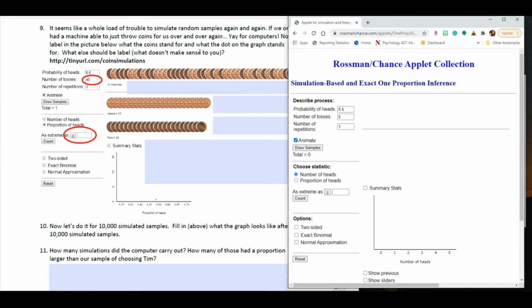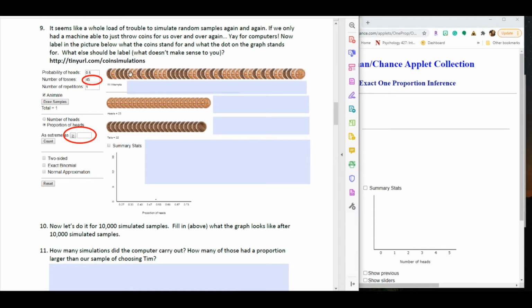So here, we're going to run the simulation, and then what I'd like you to do is to label, what do all these different parts mean? Because then I'm going to have you run several simulations on your own, and you need to be able to understand what the different parts are, and how we are interpreting them, right?